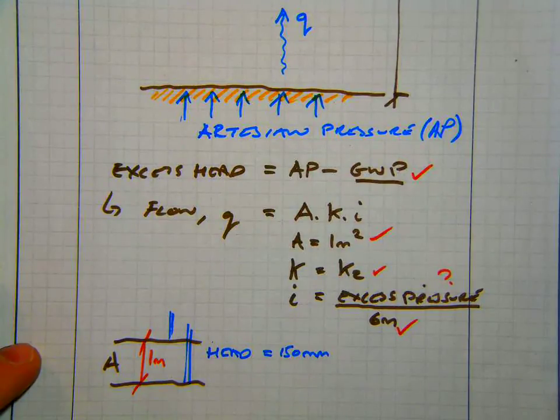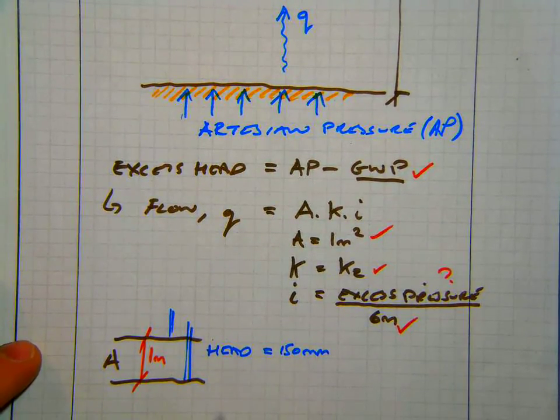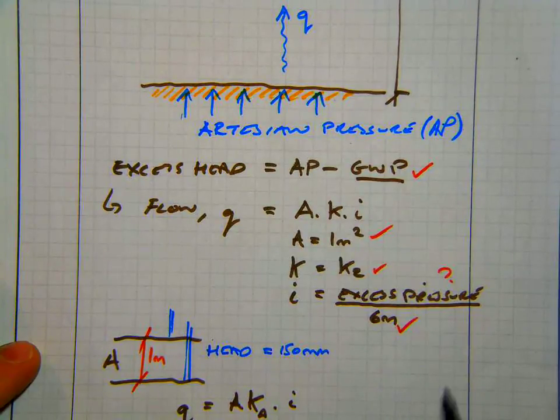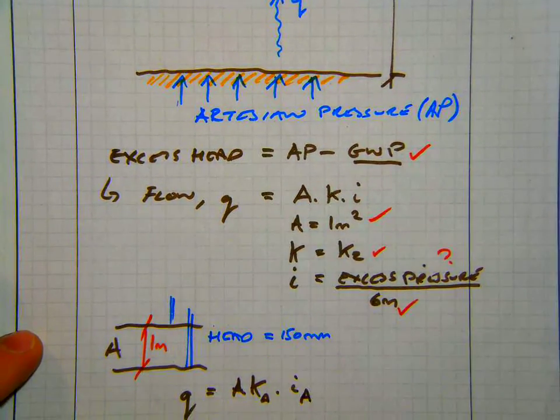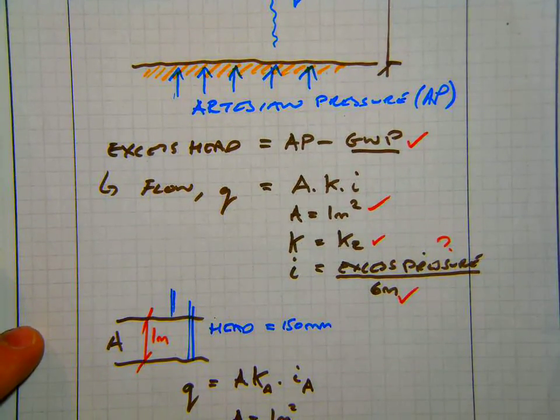So from that knowledge, we can work out what Q is, because the flow across that strata would be A times K of this soil multiplied by the hydraulic gradient across A.